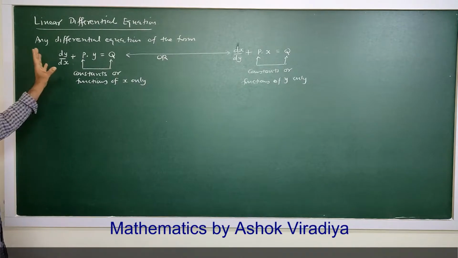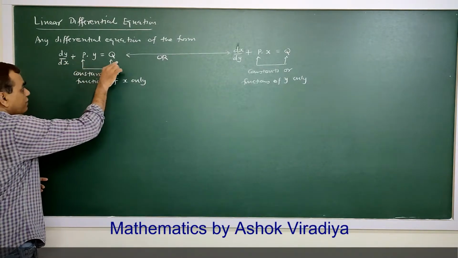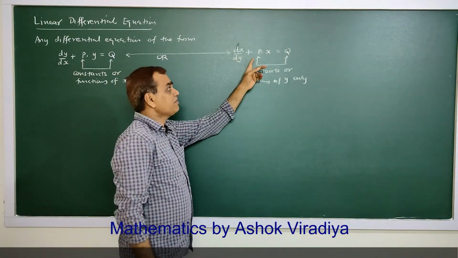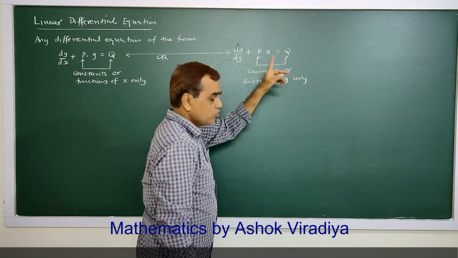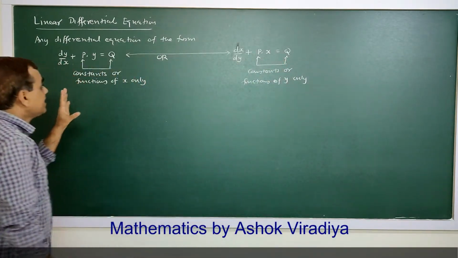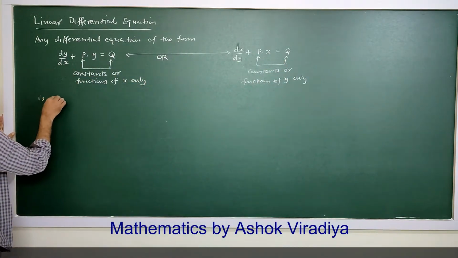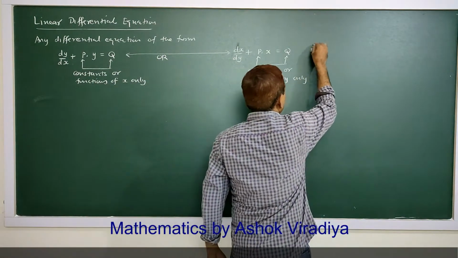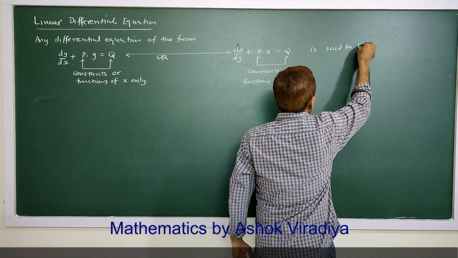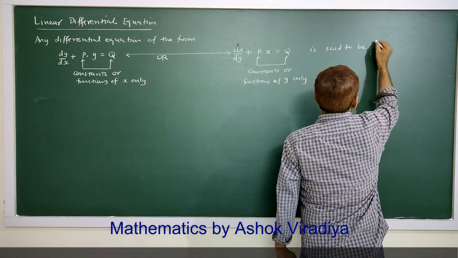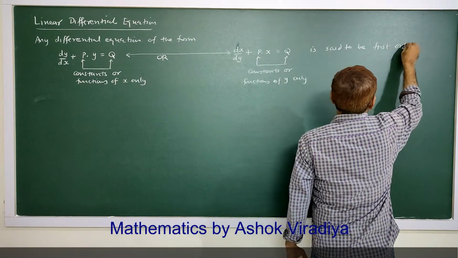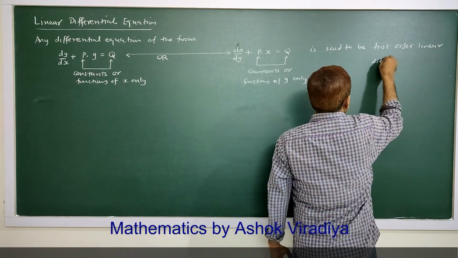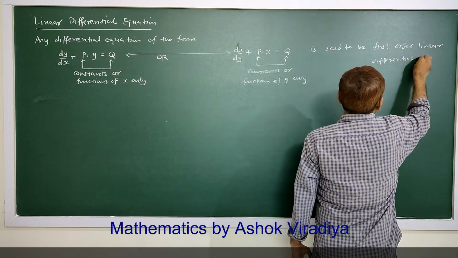So a differential equation of the form dy by dx plus py equal to q, or dx by dy plus px equal to q, this is said to be a first order linear differential equation.